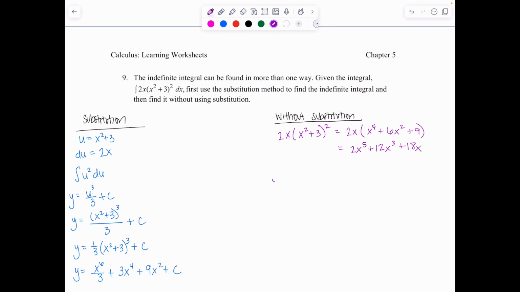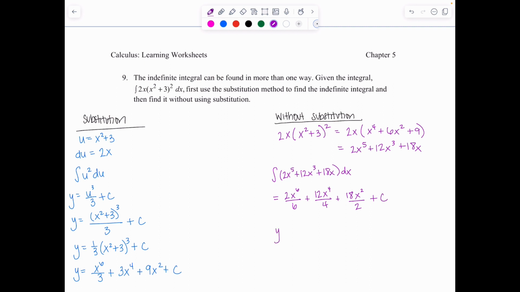So now if we take the integral of that, 2x to the fifth plus 12x cubed plus 18x dx, then we'll have the integral of x to the fifth will be x to the sixth over 6, 12x to the fourth over 4, 18x squared over 2 plus c.